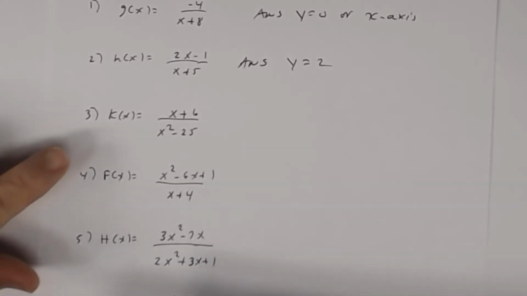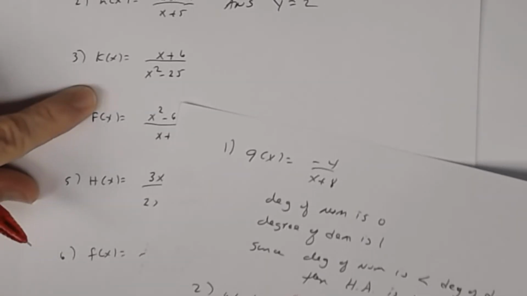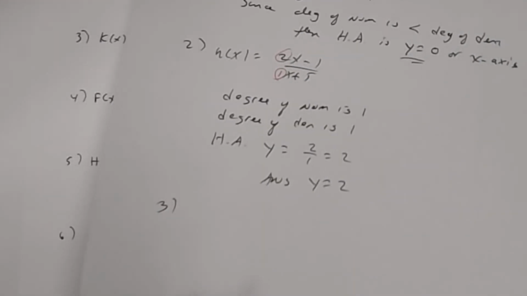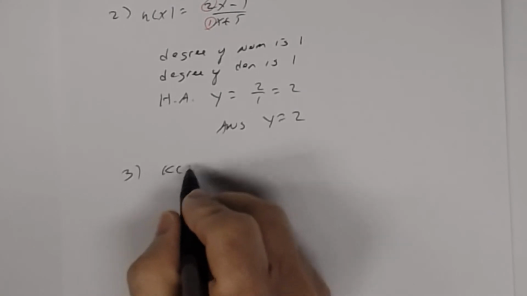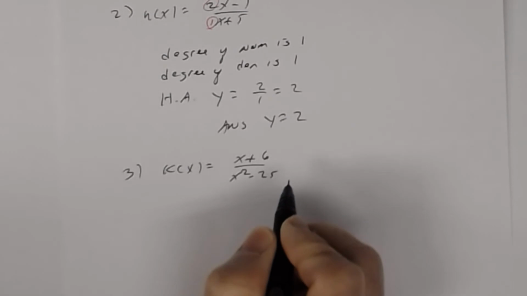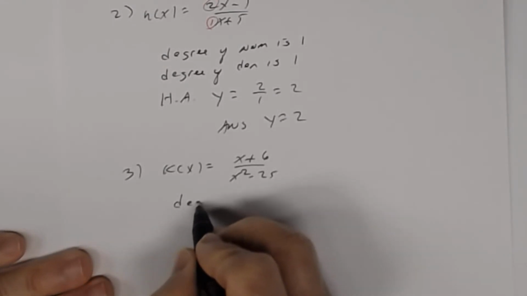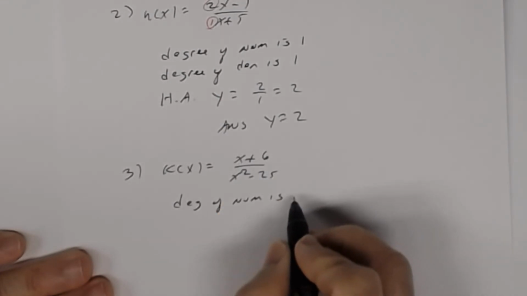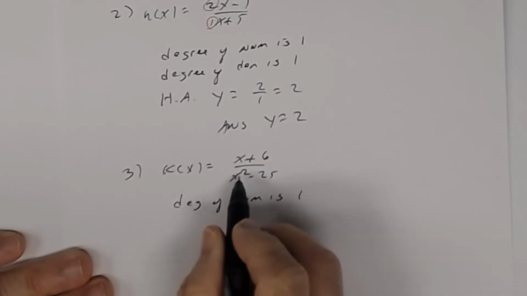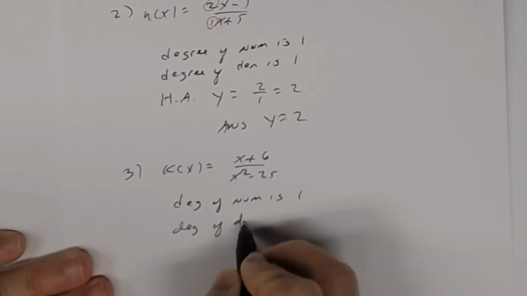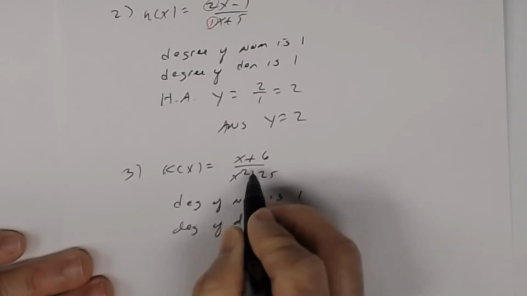Number 3, let me go ahead and rewrite number 3 over. So you have k of x is equal to x plus 6 divided by x squared minus 25. So again, notice the degree of the numerator is 1, x to the first, the largest exponent. So that's going to be your leading term right here. And the degree of the denominator is 2, right?